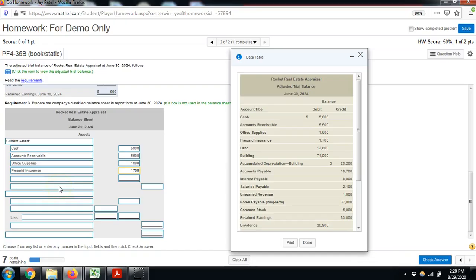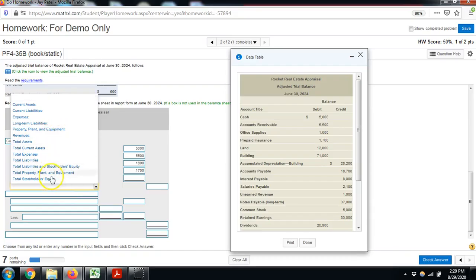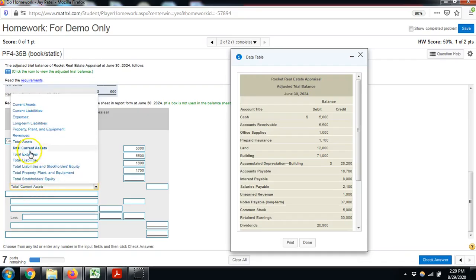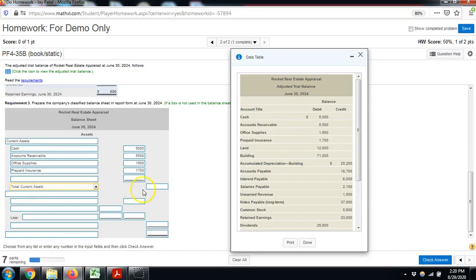And so we then have our total, and make sure you're choosing total current assets and not total assets. So we add these up.